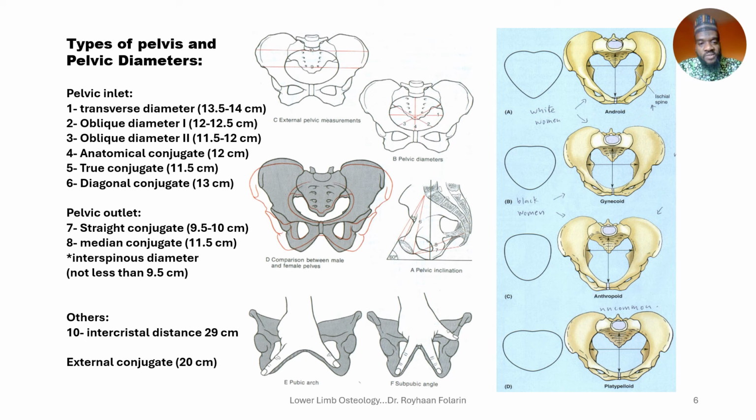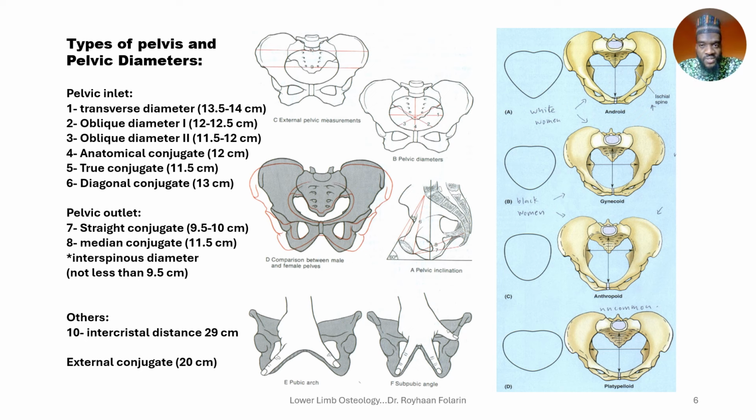So now to the pelvic outlet. The pelvic outlet has 3 main diameters that we're interested in. Starting with this one labeled as number 7, that's the straight conjugate. It spans from the coccyx right here down to the pubic symphysis, and it's usually between 9.5 and 10 centimeters.